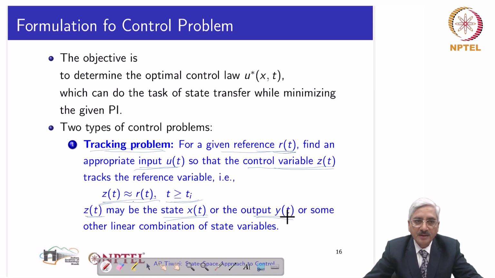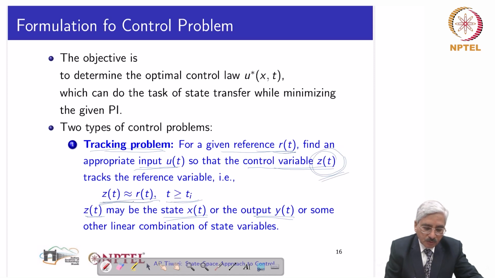So the variables of interest are represented in z(t), and that z(t) has to follow as closely as possible r(t). In fact, theoretically it should be equal to the reference for all time greater than or equal to the initial time ti.